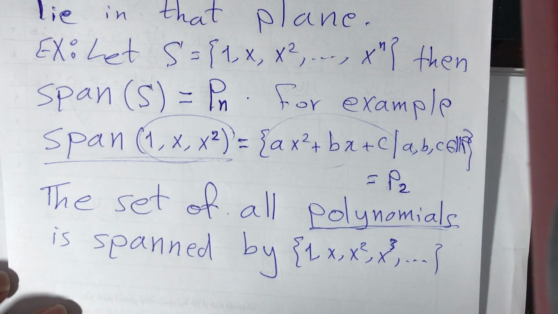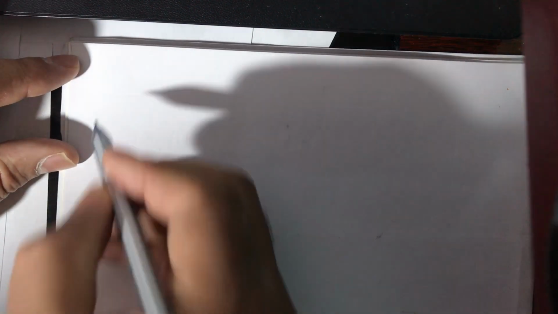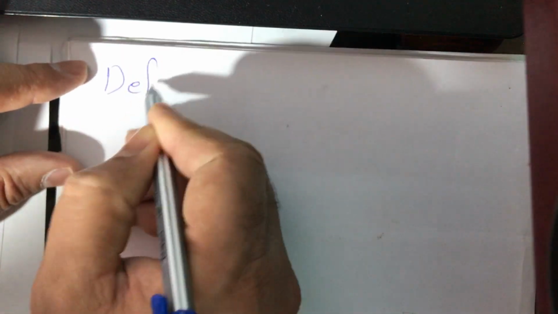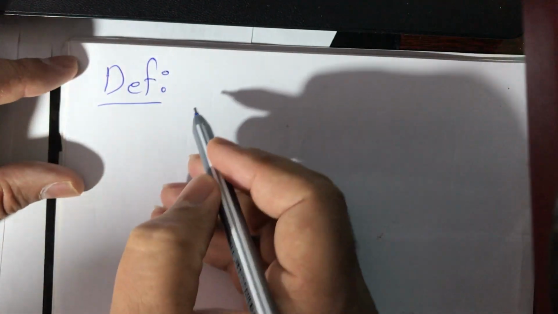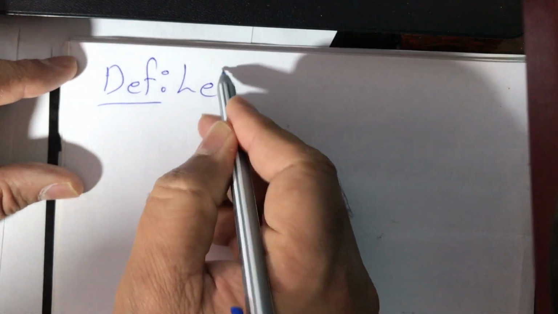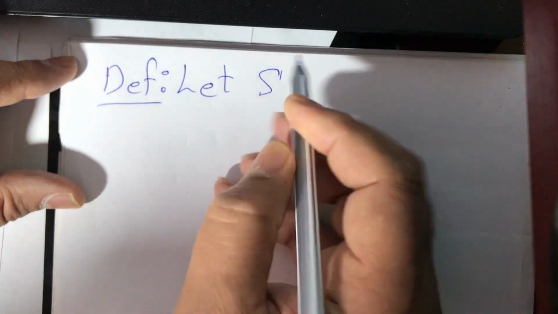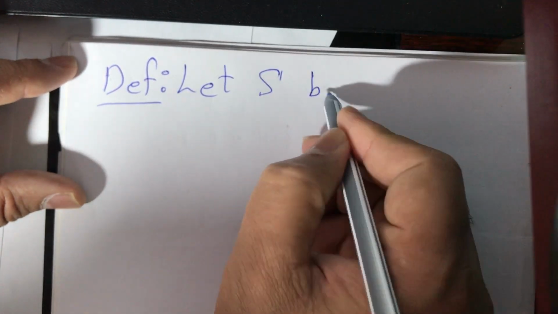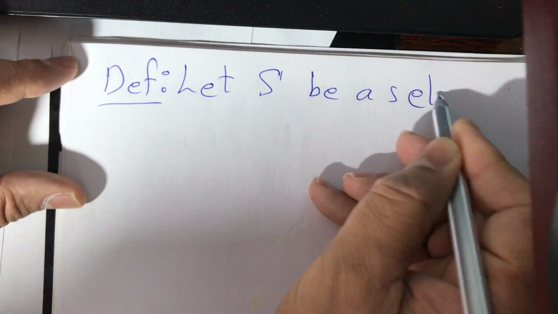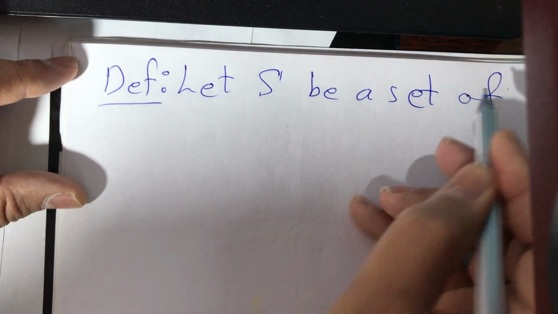This is page number 2, and of course, another definition for span set. Let S be a set of vectors.